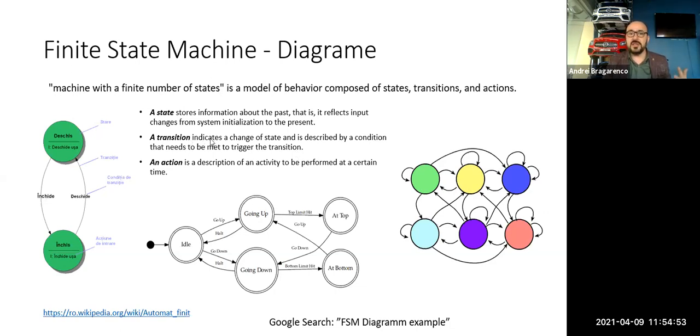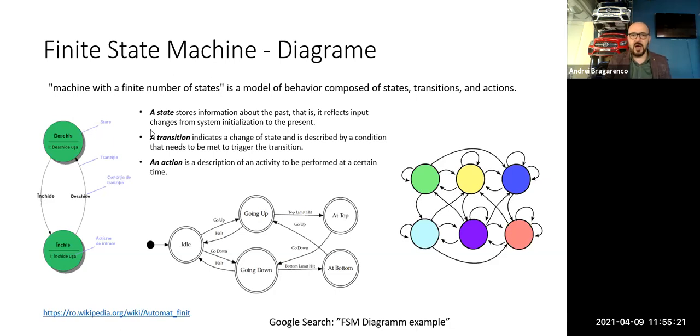Second, a transition. A transition indicates a change. Let's say top limit hit, or go up button. We have to check something, a condition. Is the go-up button pressed, or did it reach the upper limit? Those are conditions.